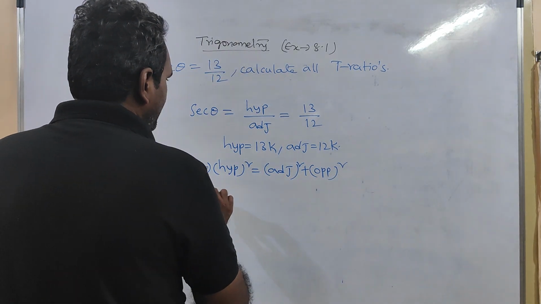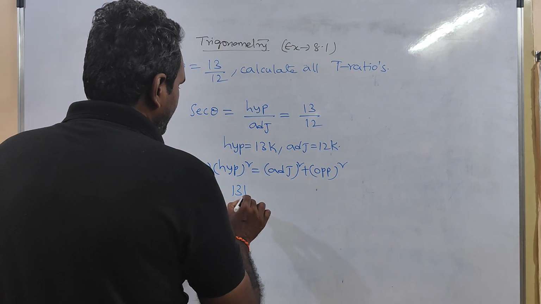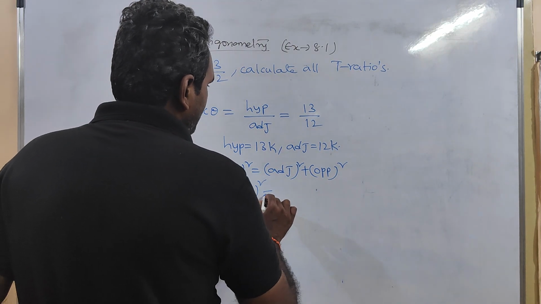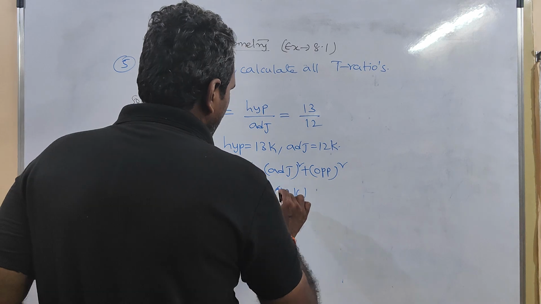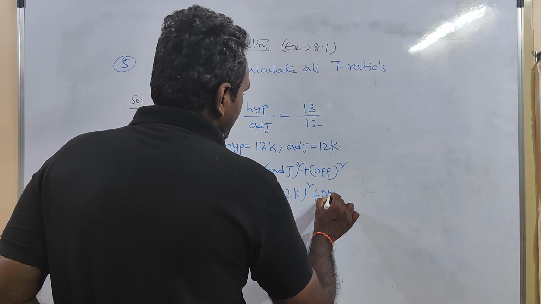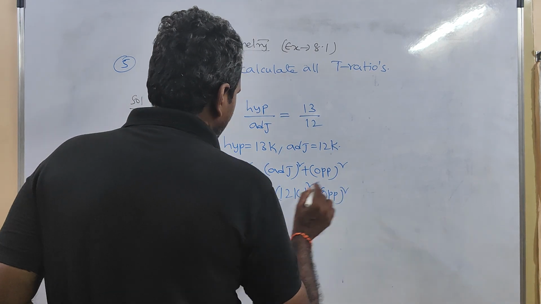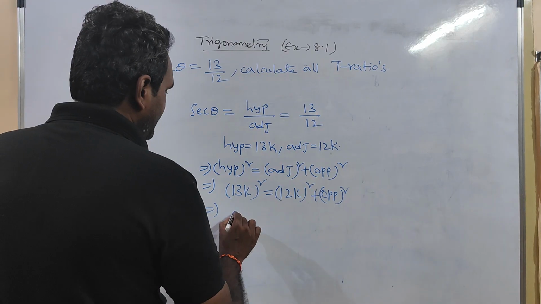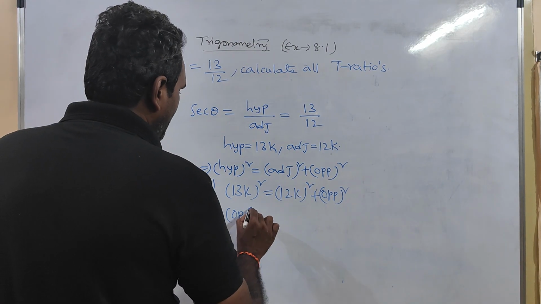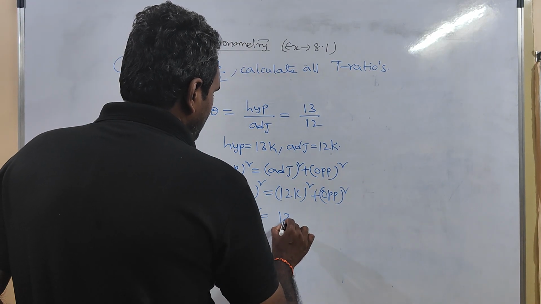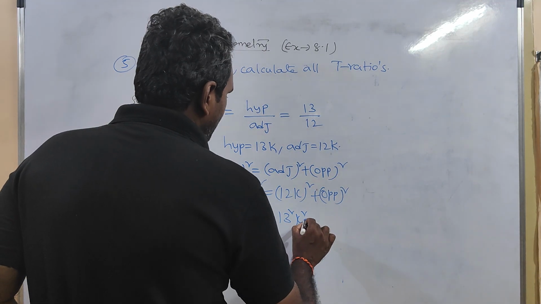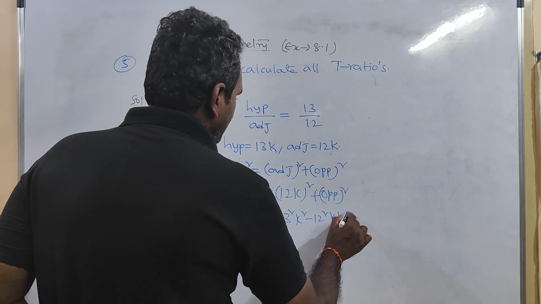So 13k whole square is equal to 12k whole square plus opposite square. Am I clear? Then what is my opposite square? Opposite square is 13 square k square minus 12 square k square.